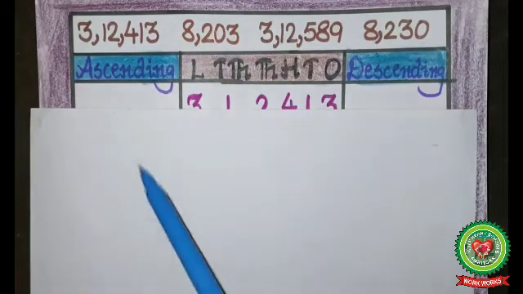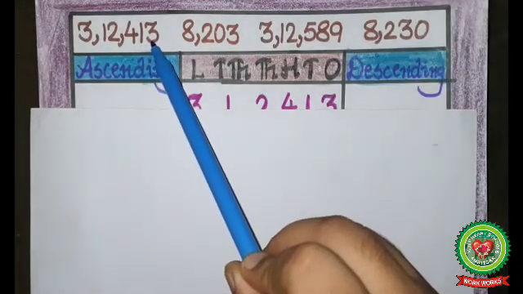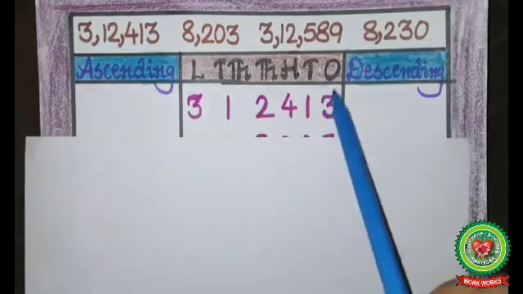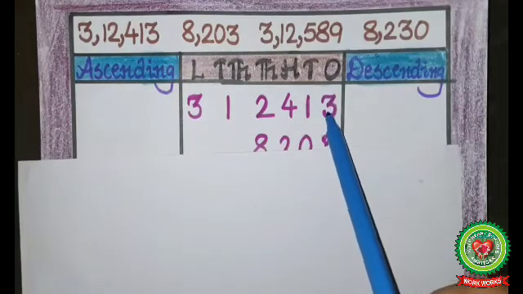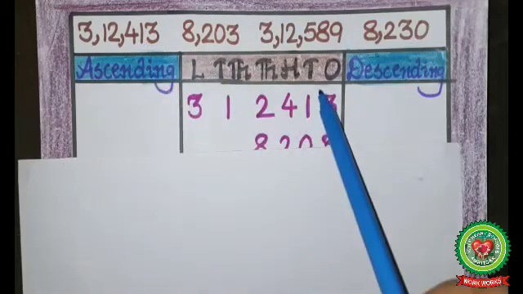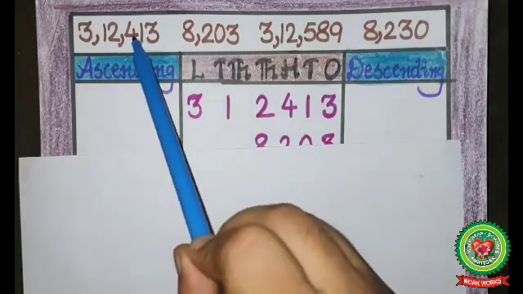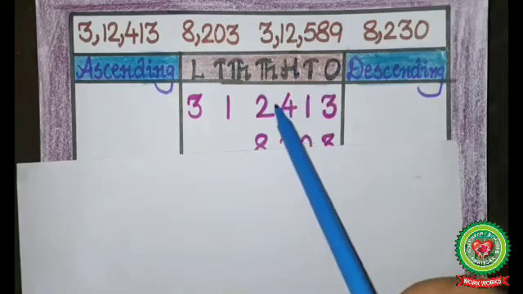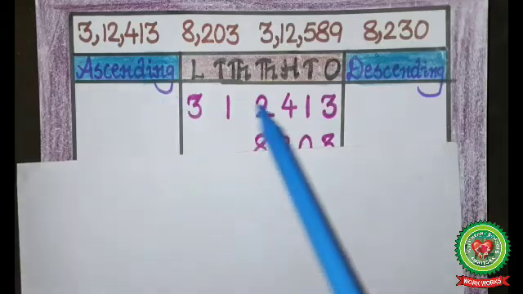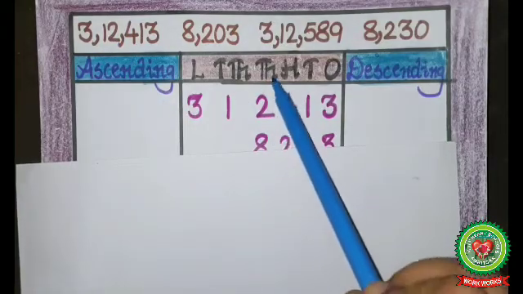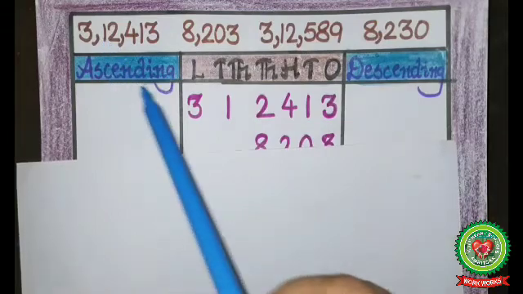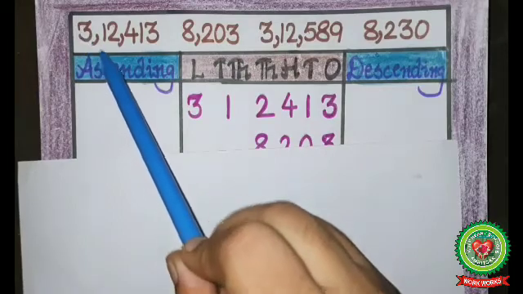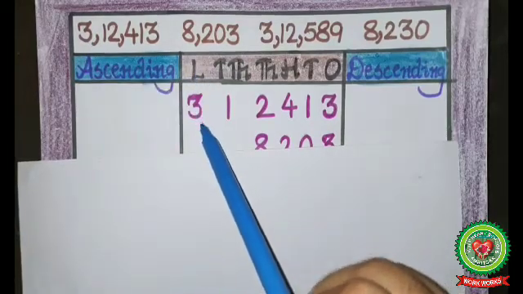Now, we will start arranging the number from back. 3 will come at ones place. 1 at tens place. 4 at hundreds place. 2 at thousands place. 1 at 10,000s place. And 3 at lakhs place.